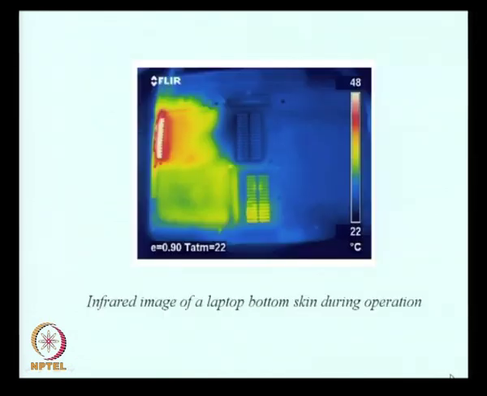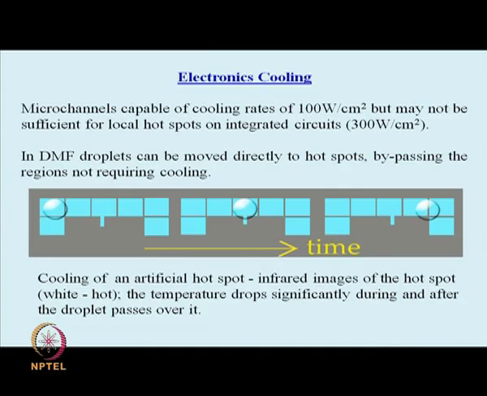And one more application is, this is the thermal image of the bottom of a laptop, and you can see there are certain regions which are very hot, certain regions which are cold, and if I would like to use the droplet for electronics cooling, you would see that this is the droplet. This is a hot spot, the whiteness shows the hot spot, and as the droplet comes to this point, the hot spot disappears.